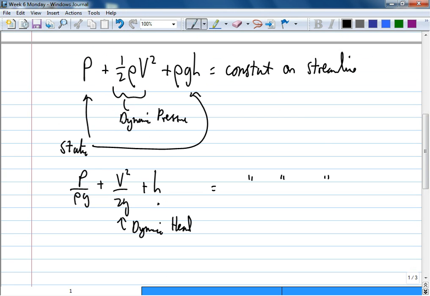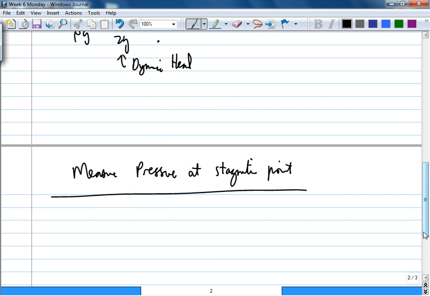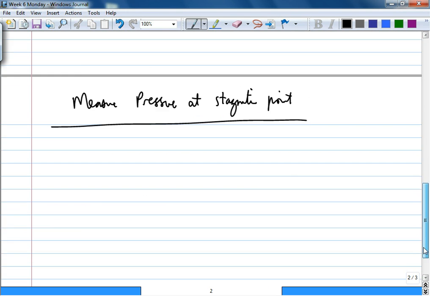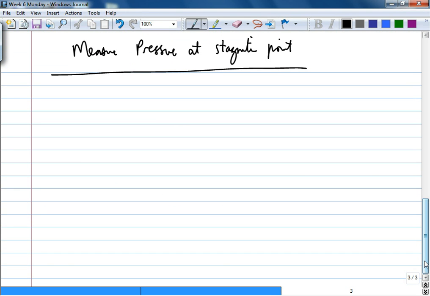But if you wanted to measure the velocity of a flow, can you stick a simple probe in and measure the velocity? This is one way. There are other, more fancy ways, but this one is very simple and direct.